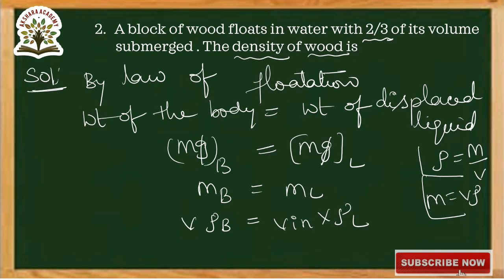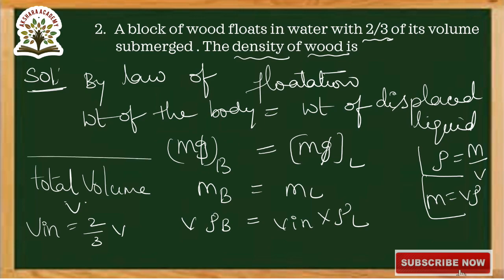See, here the total volume is V. So V in equals 2/3 V. Substituting, V into rho B equals 2/3 V into rho L. Rho L is the density of water, which is 1 gram per cc.